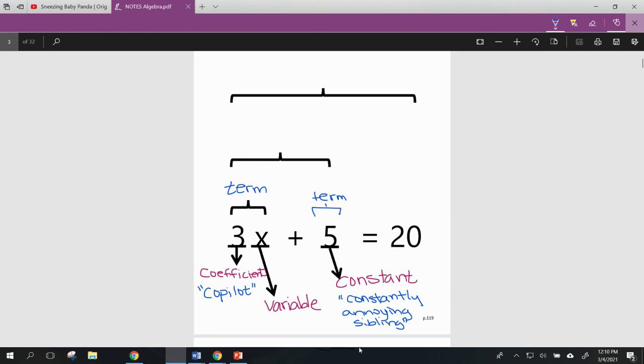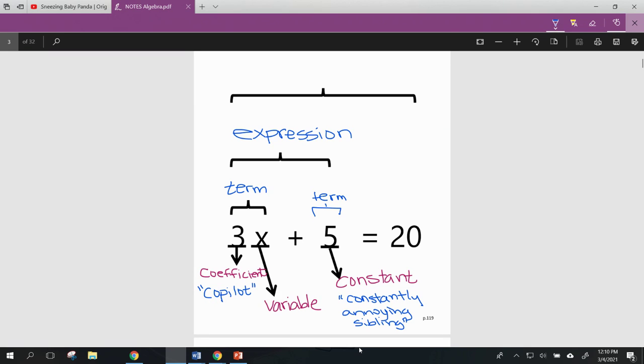All right, and then we have this section right here. So if we were to take our hand and cover up this equals 20, what we have is 3x plus 5. And remember, if all we have is 3x plus 5, what we have is an expression, because we're not including that equal sign. Remember, an expression does not have any kind of comparison symbol.